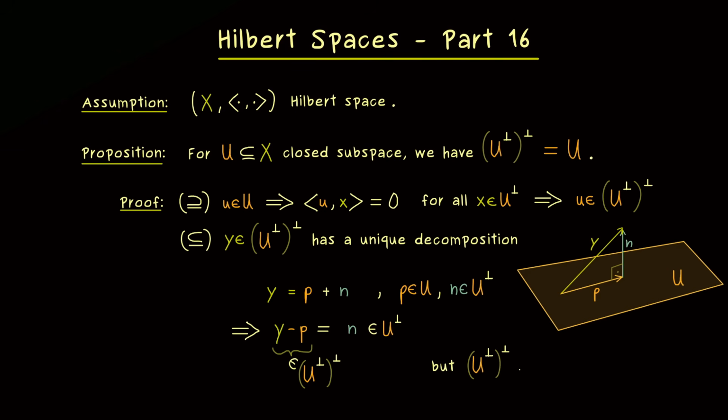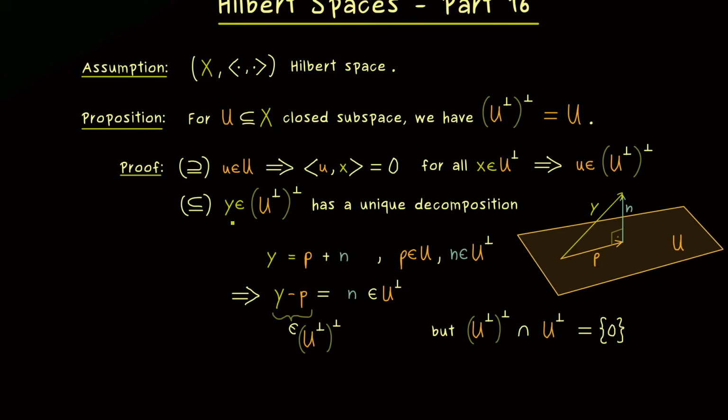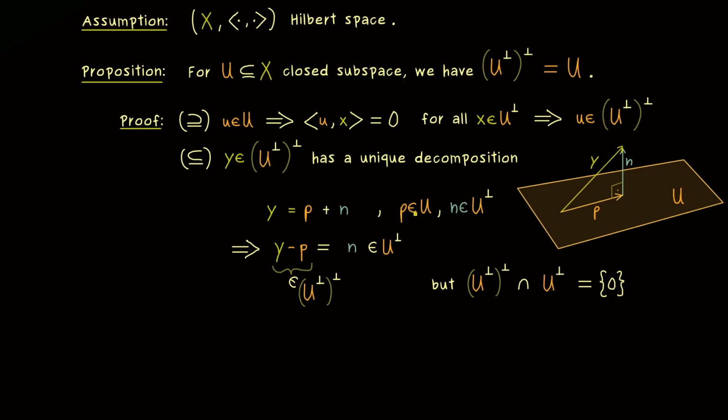However, as already mentioned, we know that the intersection of the orthogonal complement with the original subspace is always just the 0 vector. And of course this also holds for U perp itself, and this is the result we need. It tells us that y and p are the same vector, and therefore y also lies in U. And this is exactly what we wanted to prove, and with that we are finished.